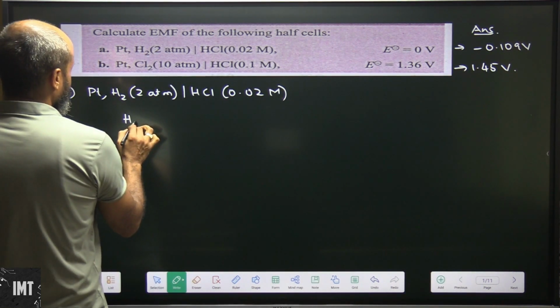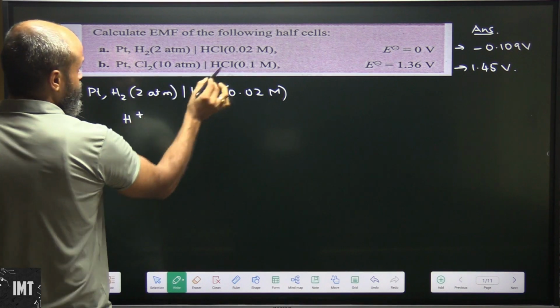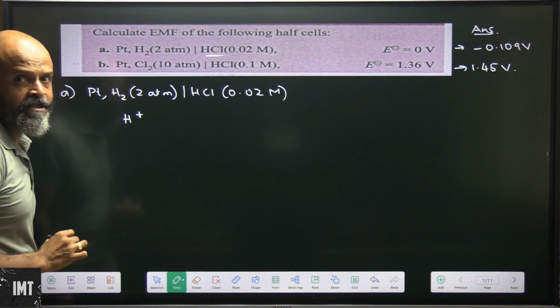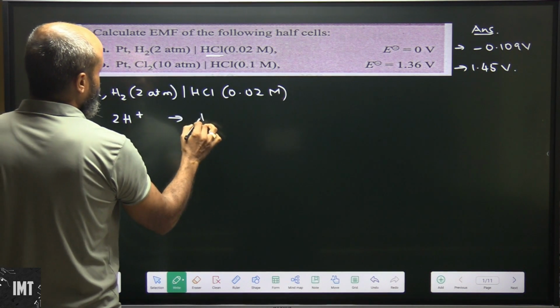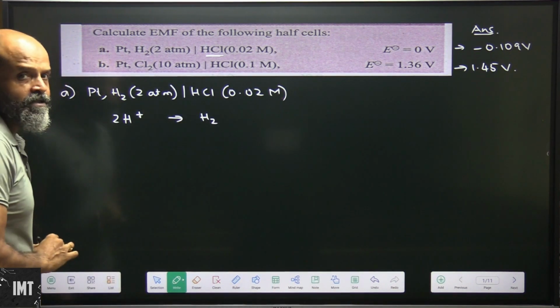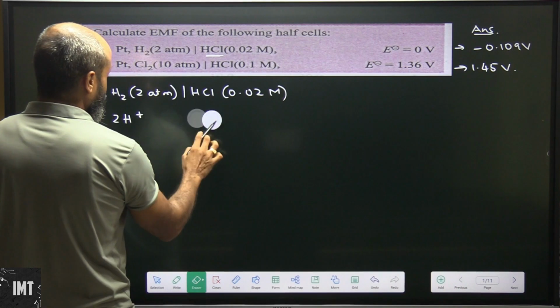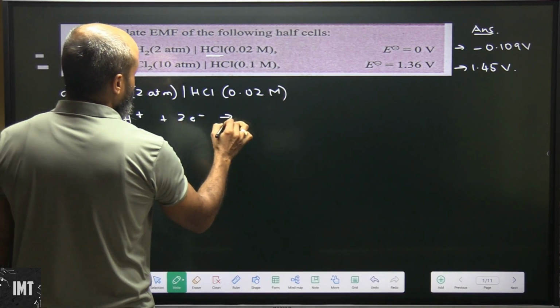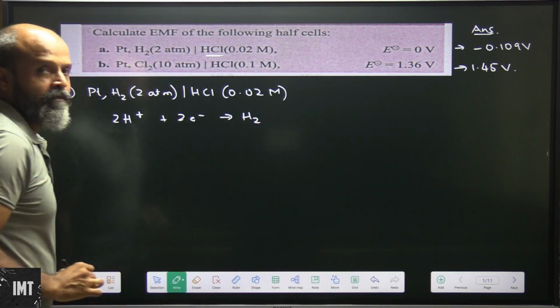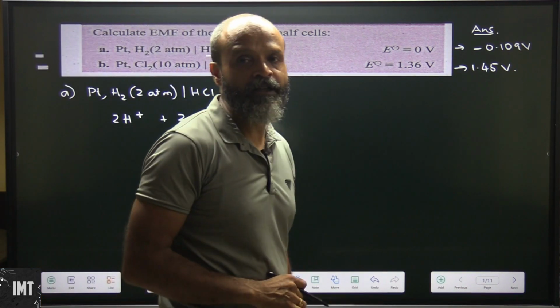This is H plus, which is getting evolved from HCl. So how will H2 be evolved? 2H plus plus 2 electrons will give us H2.